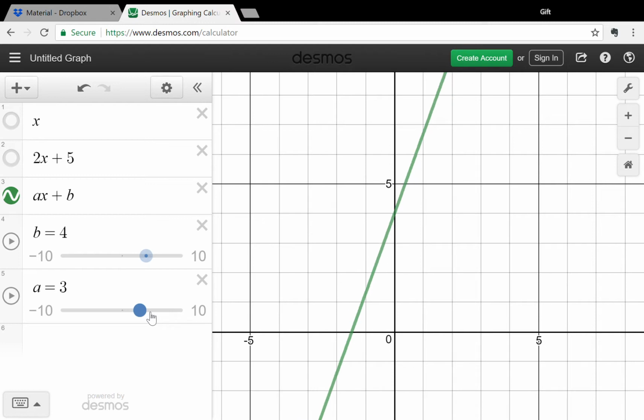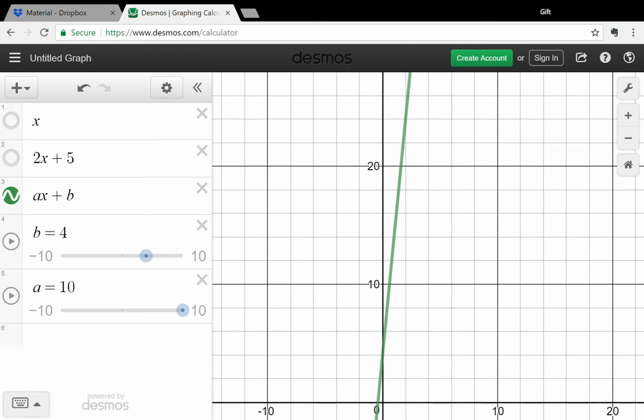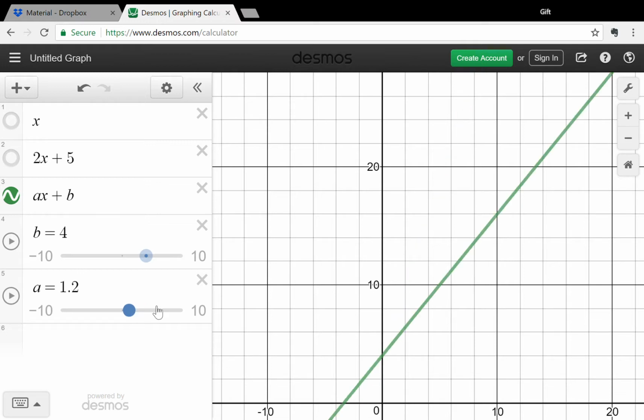But if I increase my a, it's going to make my graph more slanted. So when my a is 10, that just means when my x goes up by 1, my y goes up by 10. So that's what you get. And then, let's see, when my a is 1.2, yeah.